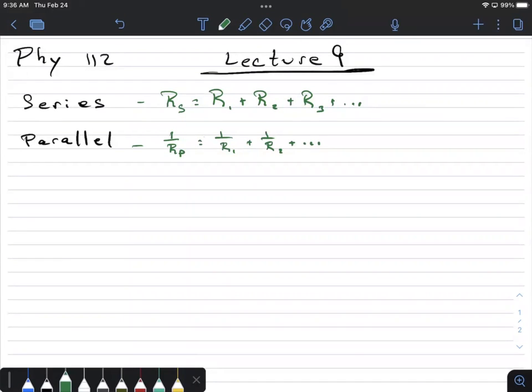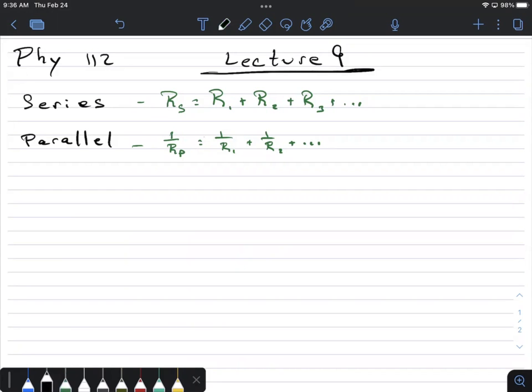What's important about this one is, first of all, you're not just adding the resistances, you have to add the inverses or the reciprocals. But then also, once you've done that and you have an answer, that answer is 1 over the resistance. So you have to take another step and flip that answer upside down, or take the reciprocal of the answer. And you can't forget that step, because obviously you'd have a wrong answer if you did.